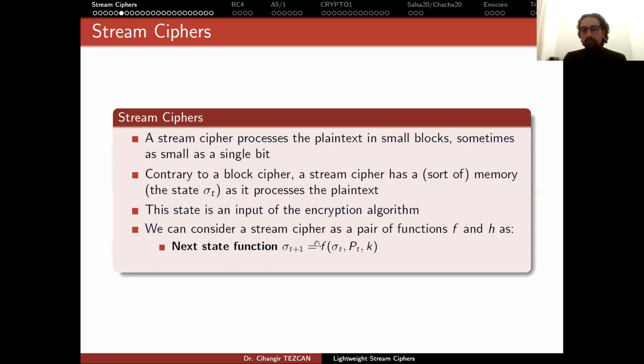Whenever you run this function for one tick, from the current time t, the internal state, the current plaintext digit and the key material are used, and the next state is obtained. In this way, you update the internal state. But there is another function that we named h. It also takes the current state, the current plaintext digit, and the key, and produces the ciphertext. So this is the main difference between block ciphers and stream ciphers.